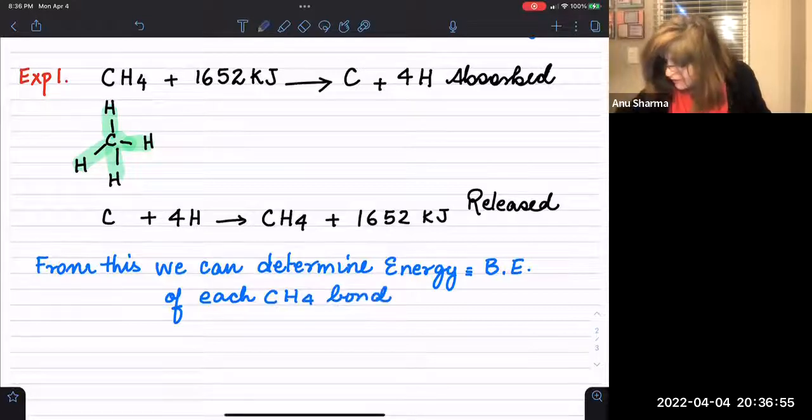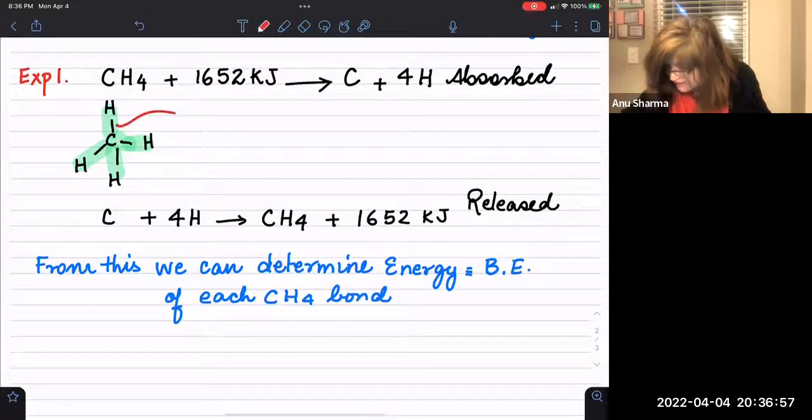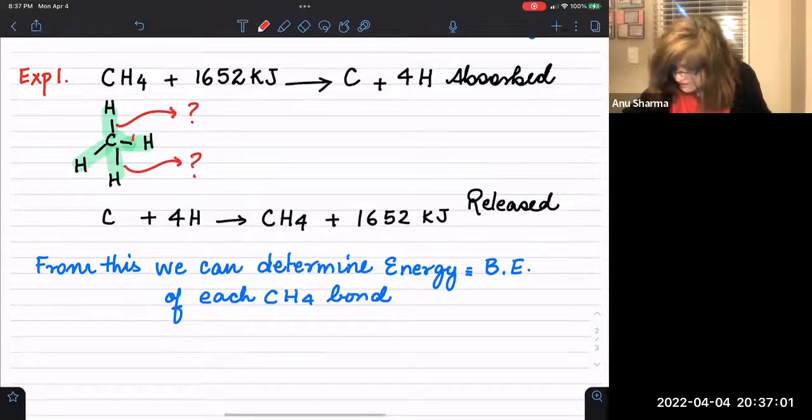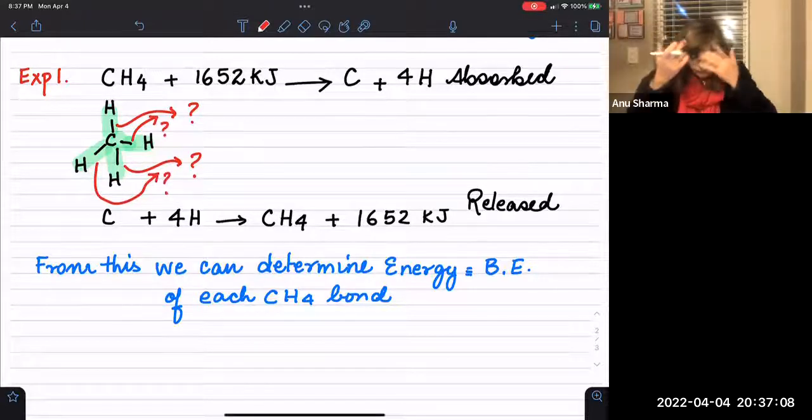Okay, so we can find out how much is this, how much is this, how much is this, and how much is this. So these 4 bonds we can find.